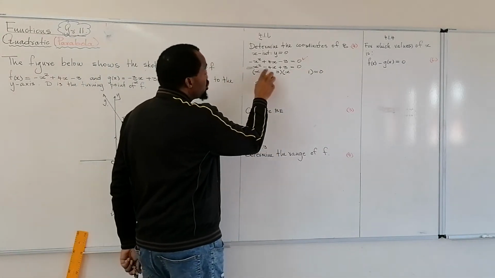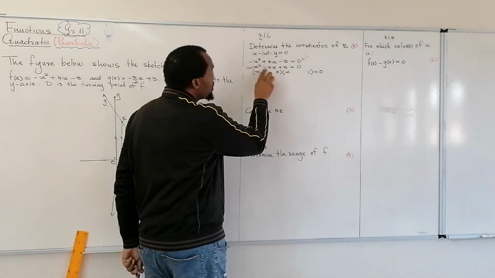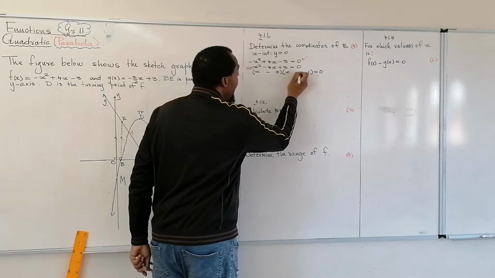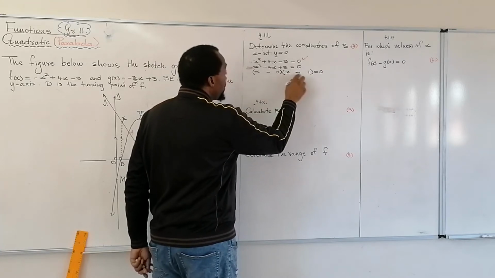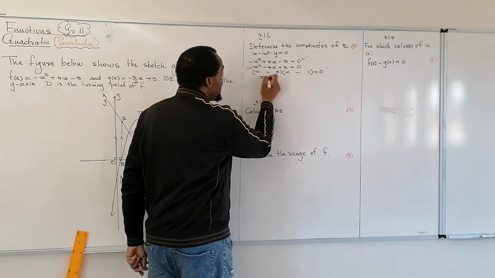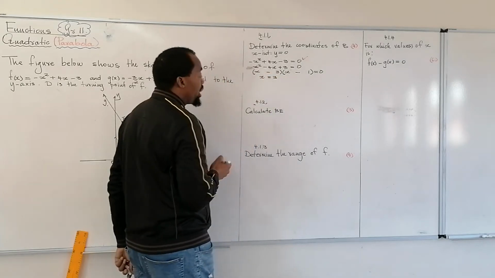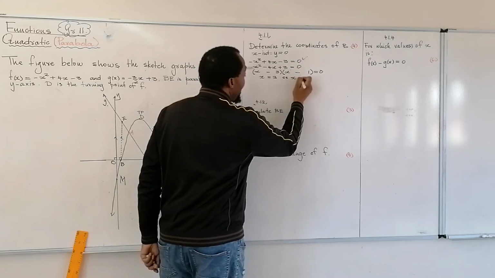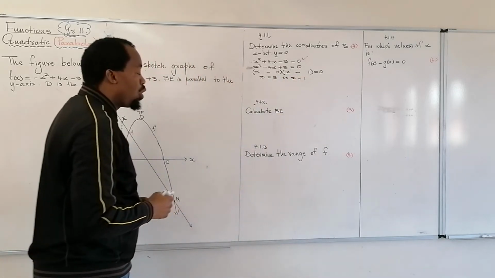Then, because we are looking for a -4, we want to add these two. That must be a negative and a negative. When we multiply, we will get 3. That means the value of x at one point is 3, or the value of x at one point is 1.